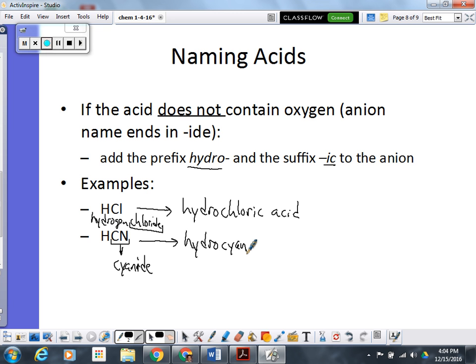Instead of putting IDE, I put IC: hydrocyanic acid. So anytime we have acids that don't contain oxygen, they're going to have the hydro prefix. So the hydro prefix indicates that this is an acid that does not have any oxygen in its formula.